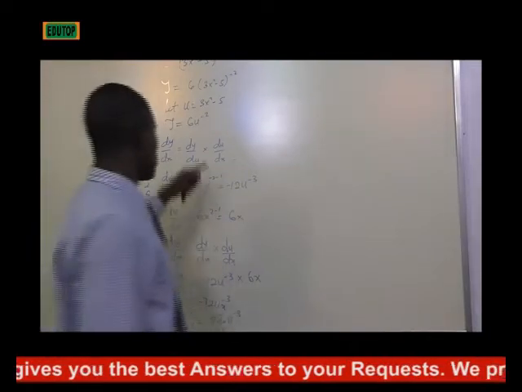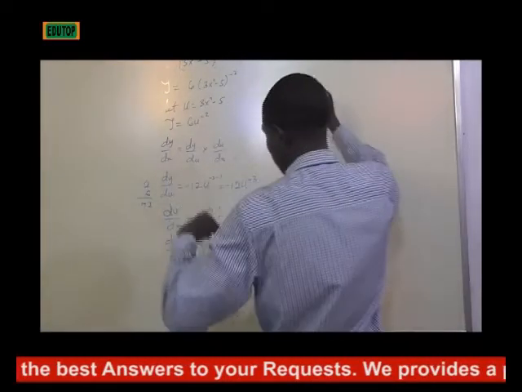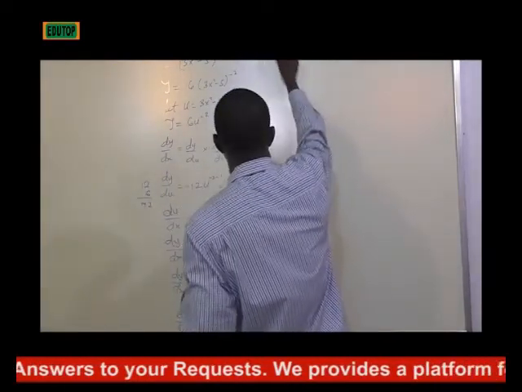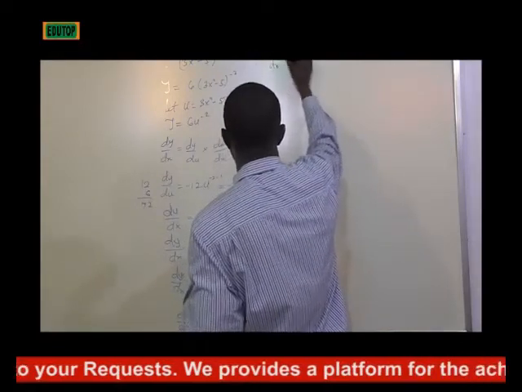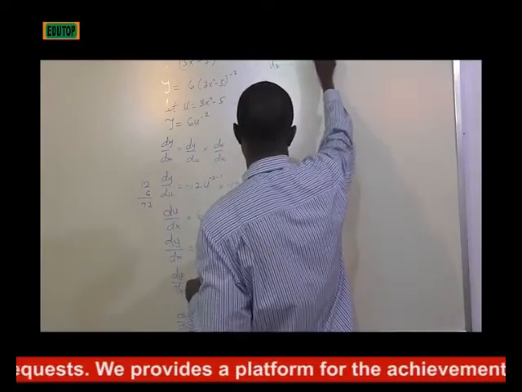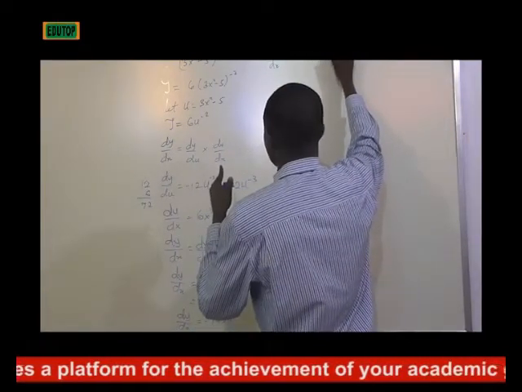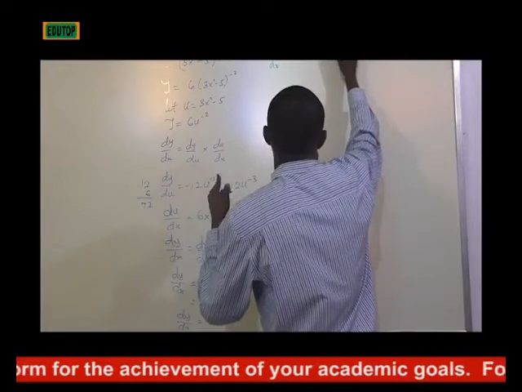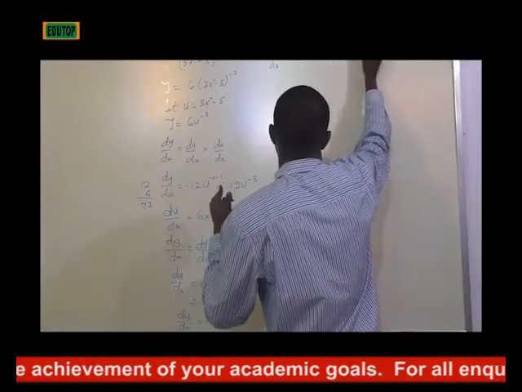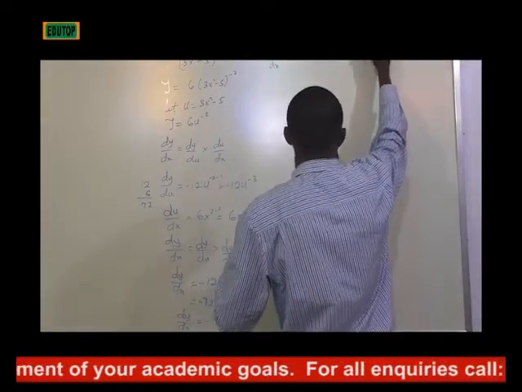So we replace our u. What do you have as our u? This. So we have dy/dx equals minus 72x times u, and our u is 3x squared minus 5, raised to power minus 3.